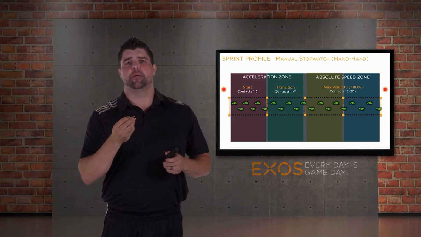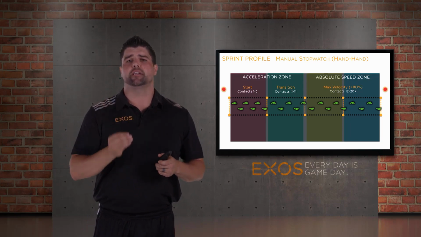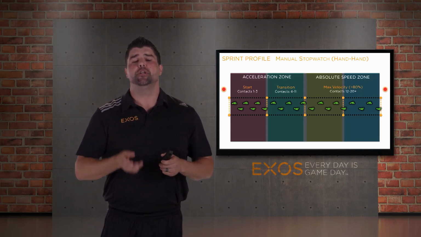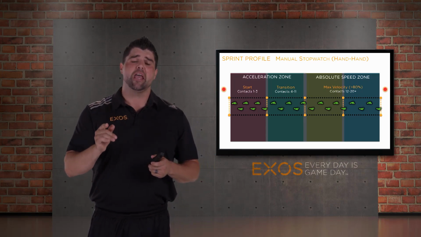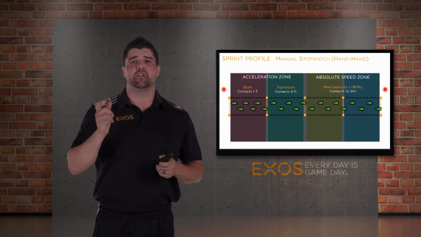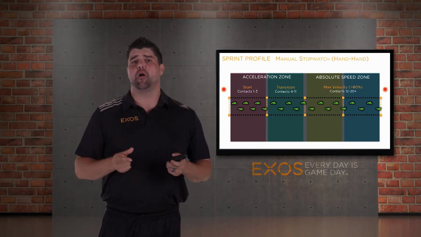As we'll discuss in the practicals, can you use a stopwatch to monitor within the context of training? 100%. But do you want to use a stopwatch for your official timing? No. Why? Because the actual variability in the stopwatch can be as high as 0.3. The reality is, in our Pro Football Combine development, our average improvement from hand start to electric, which is exactly how they do it at the Pro Football Combine, so we need to mimic it, is typically 0.22.